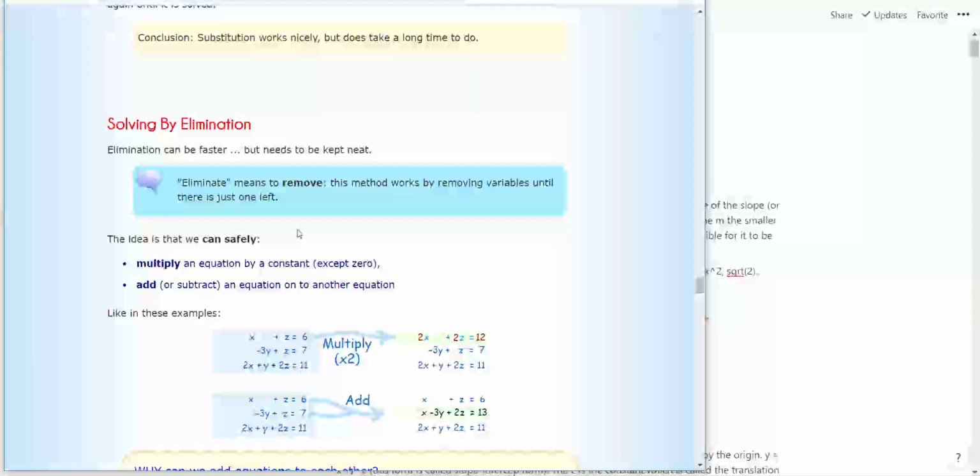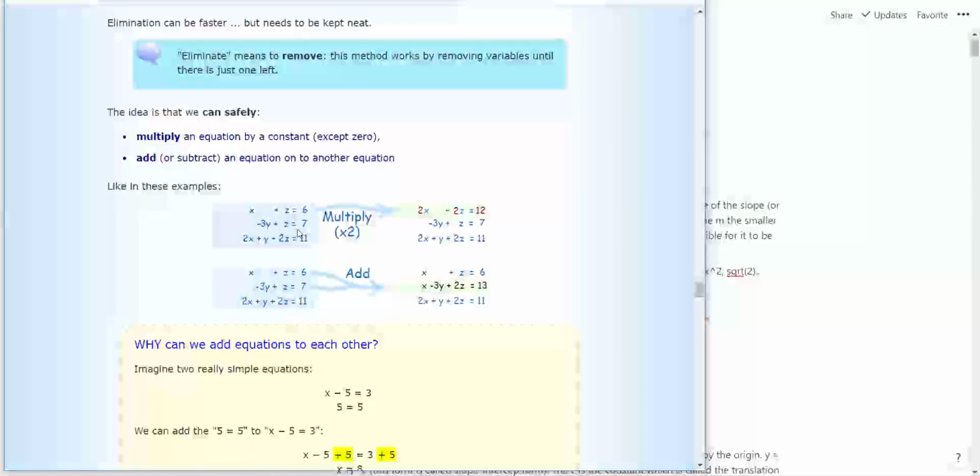Eliminate means to remove. This method works by removing variables until there's just one left. The idea is that we can safely multiply an equation by a constant except for 0, add or subtract one equation onto another equation. So it's add or subtract, but preferably it would be an add.